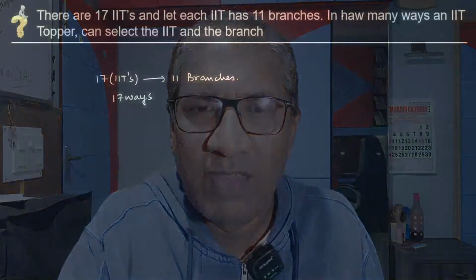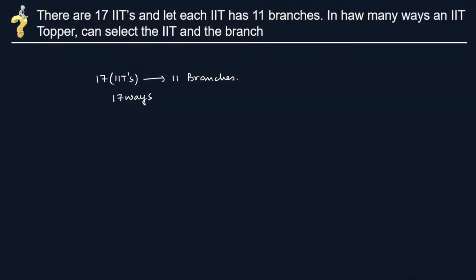Now, the game is not over. The work is not done completely, because now I have to select which branch I want to go to. I have selected one IIT. Suppose I have chosen IIT Bombay. Since I'm an IIT topper, all the branches are available to me. So now I have to select which branch I can go for. In this case, there are 11 branches.